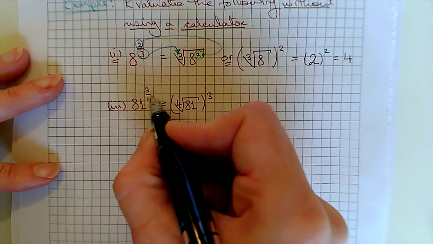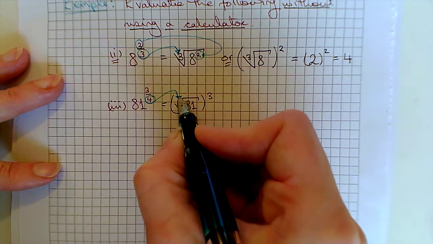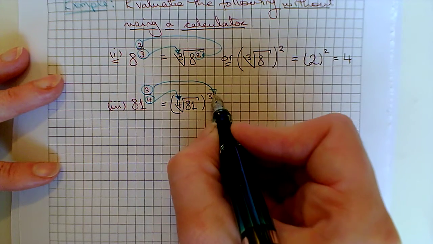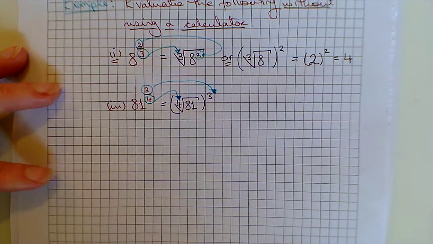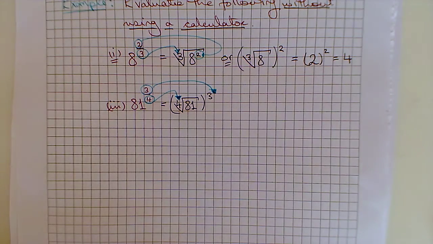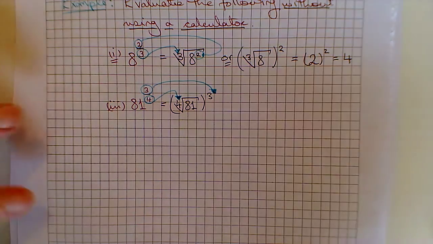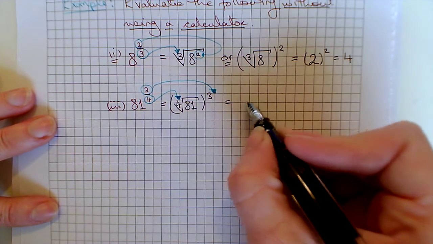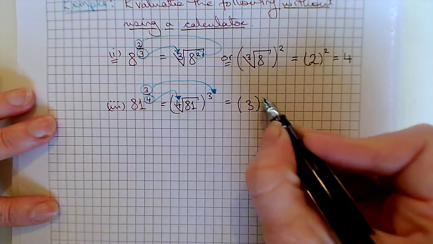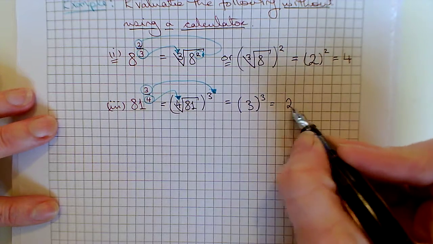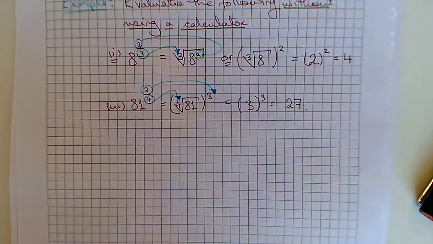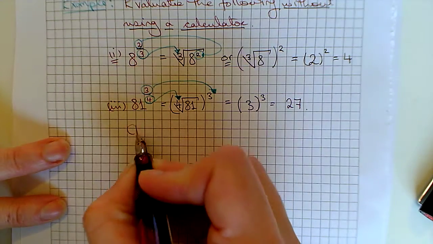Usually, it's easier to do your root first and then do your power, but it doesn't matter which one you do first. So the top number becomes the power, the bottom number becomes a root. So the 4th root of 81, if you remember from your homework, is 3. And that's 3 to the power of 3, which is 27. And I would encourage you to check these in your calculator.